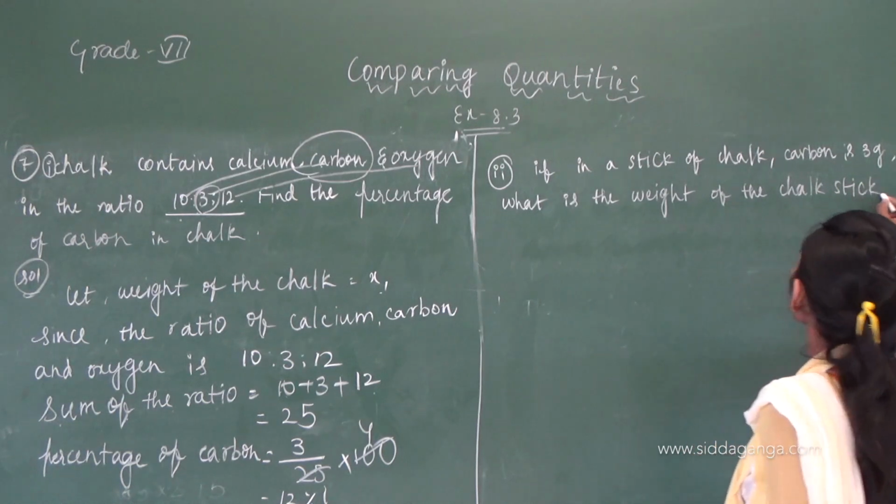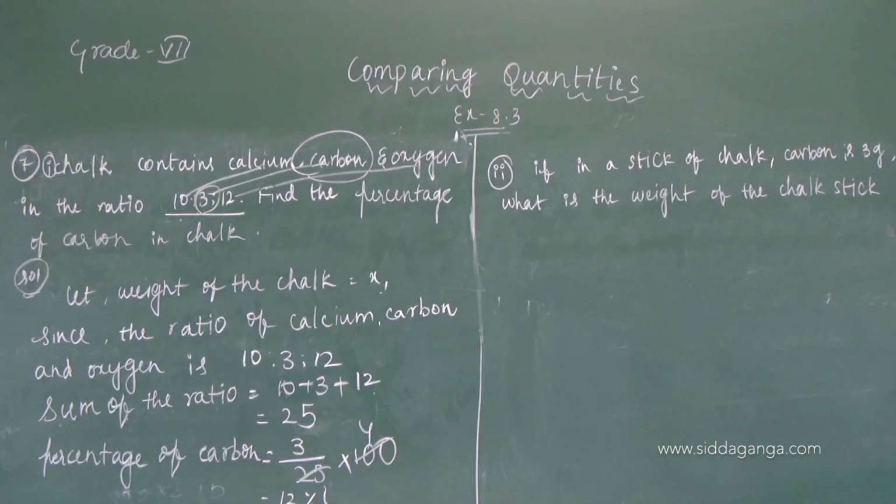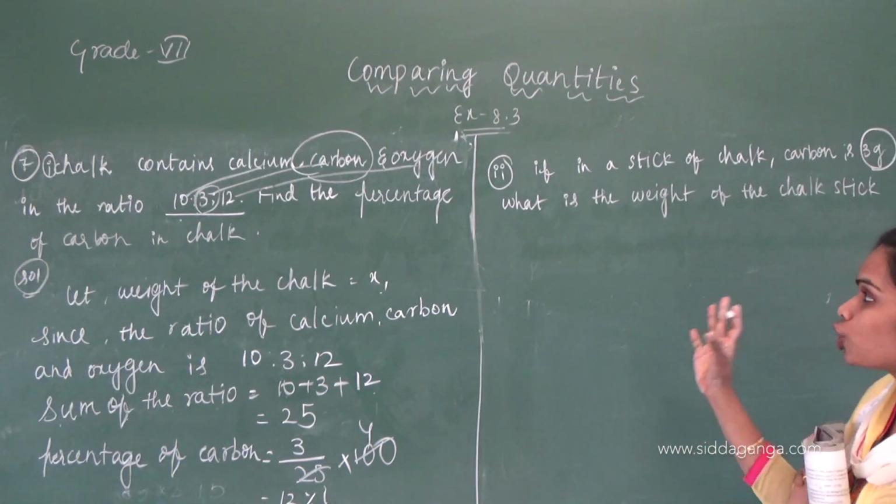Here they are telling us that the carbon in the chalk is 3 grams, and we have to find the total weight of that chalk.